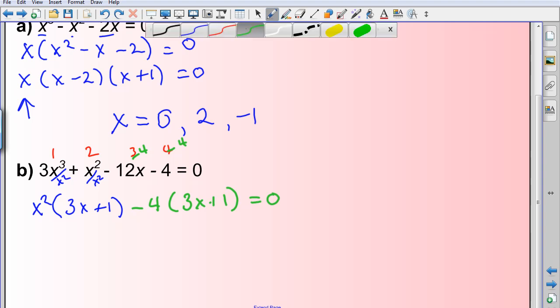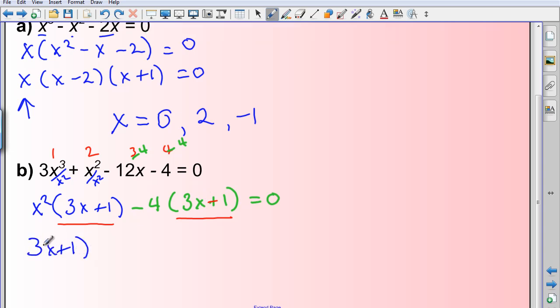When these 2 factor terms are left over, we can then factor these out from the front of the equation. So I notice I have a 3x plus 1 here and a 3x plus 1 here. What I can do is factor a 3x plus 1 out of both terms, and what I'm left with is an x squared subtract 4. So it's like you're dividing both first term and second term by 3x plus 1.